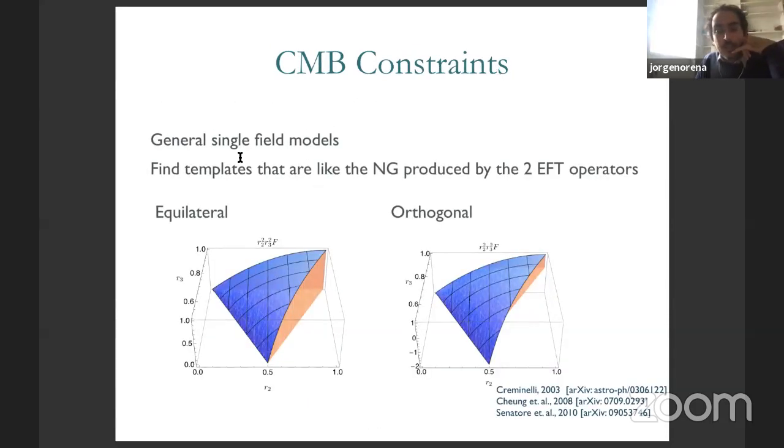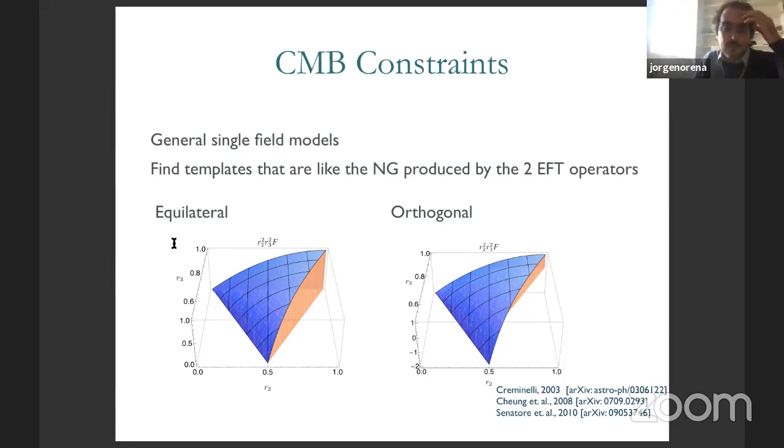But people have created more general shapes. Remember that in the EFT of inflation, there are 2 free operators. Therefore, one could in principle constrain this kind of non-Gaussianity by constructing 2 independent shapes.